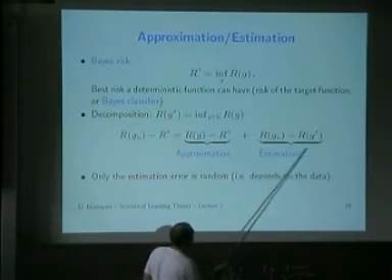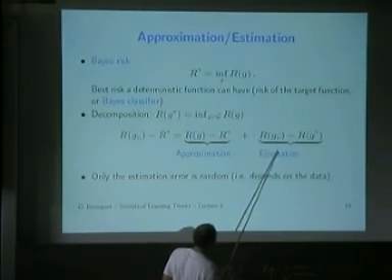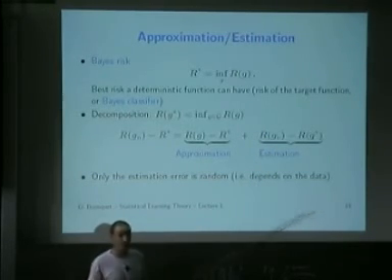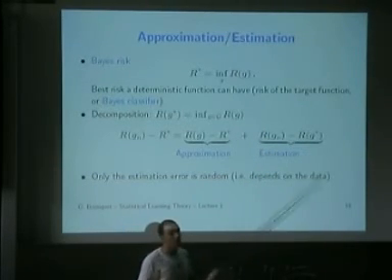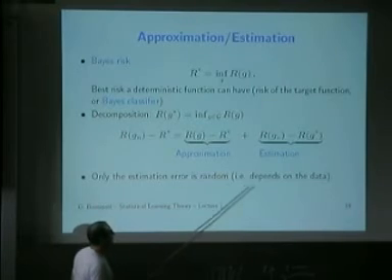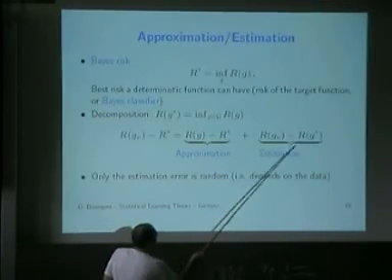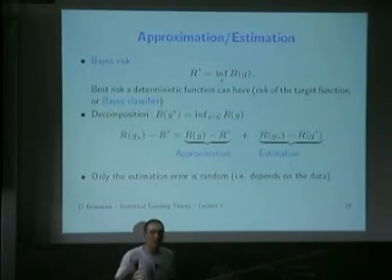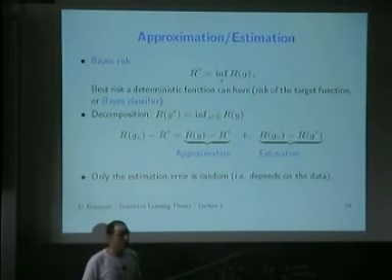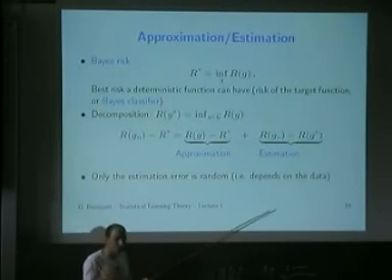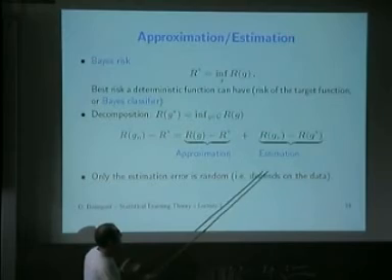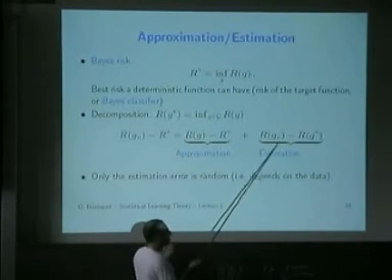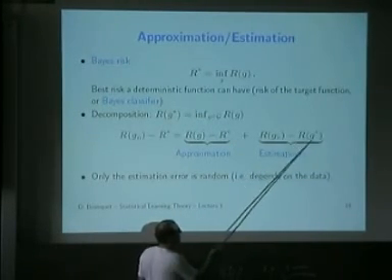And then you have another term, which is what is called the estimation error. That's the difference between the error of the function that you have selected and the error of the best function in your class. And this is really where the data plays a role, because the data somehow will mislead you, because you don't have full knowledge of the distribution P. If you had full knowledge of P, you could find G star. If you don't, then you have just Gn, and Gn might be different from G star.